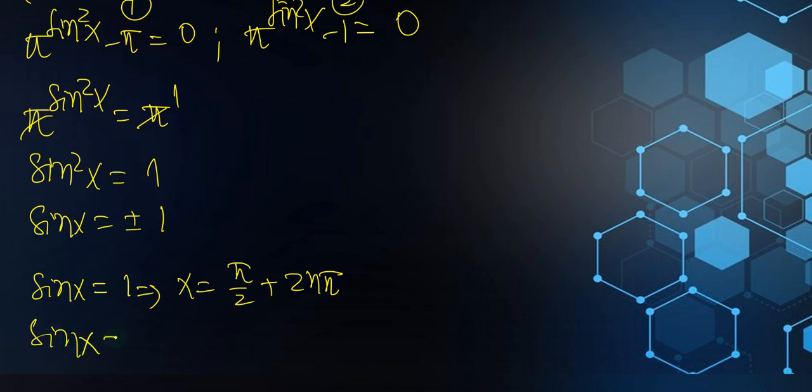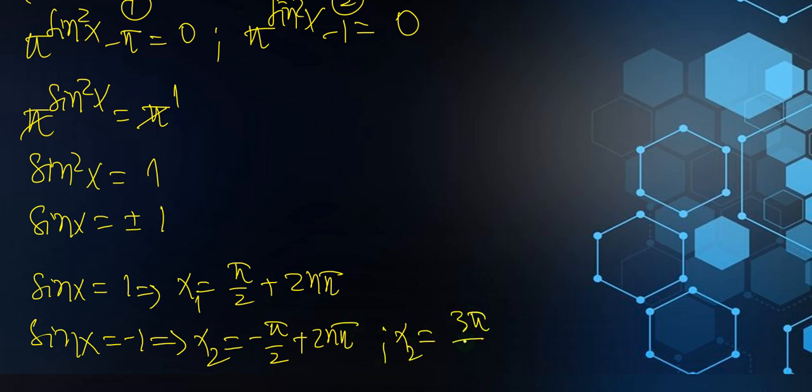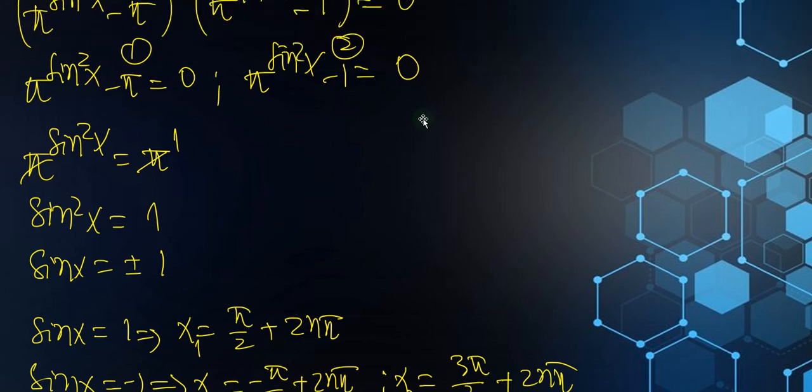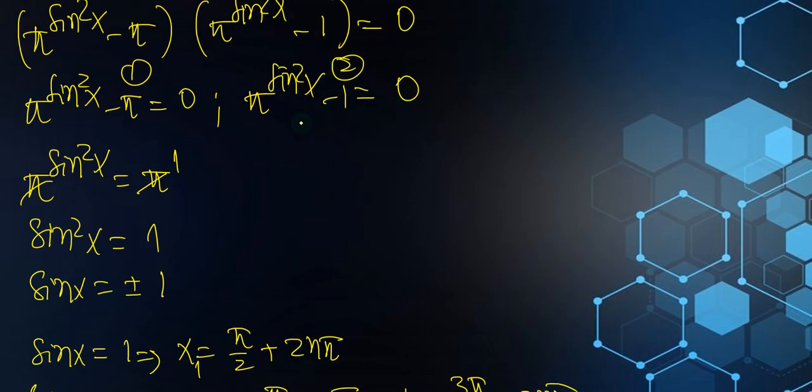And for sine x equals negative 1, this is x2: we can say minus pi over 2 plus 2n pi, or we could say x2 is equal to 3 pi over 2 plus 2n pi. This is correct.